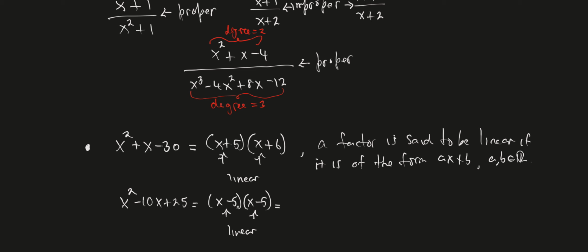So it's the same factor that shows up multiple times. And we use exponential notation to indicate that it's just (x minus 5) squared. So whenever the same factor shows up multiple times in the factorization of your polynomial, we say that that factor is repeated, right?